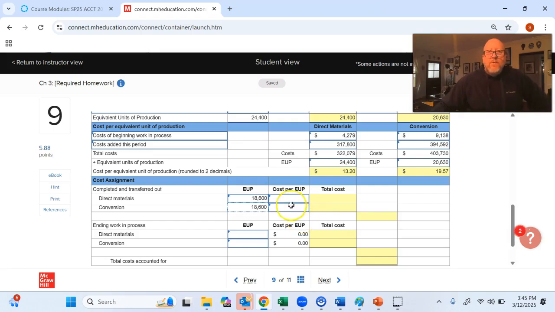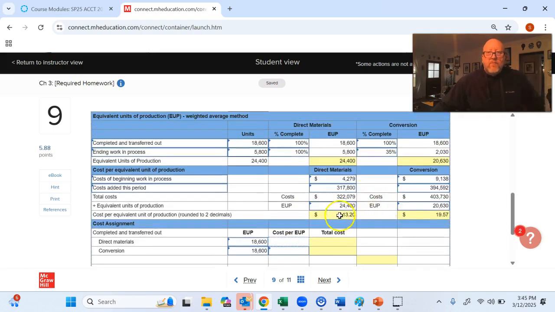Okay. So what is the cost per equivalent unit for material? That was $13.20, we said, right here. And then the cost per equivalent unit for conversion, we just said that was $19.57.